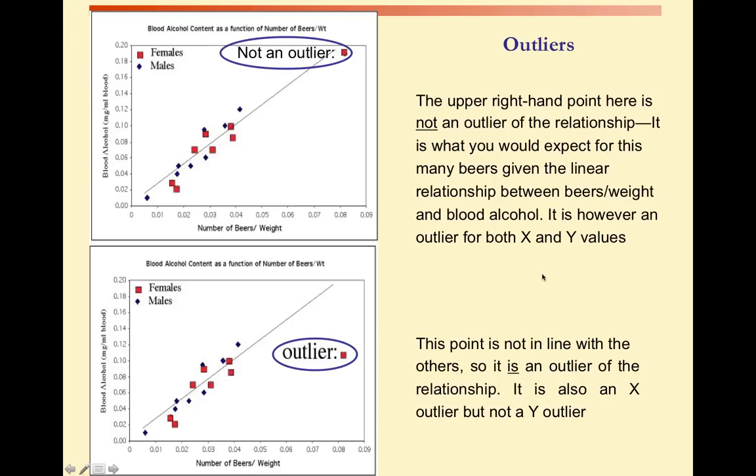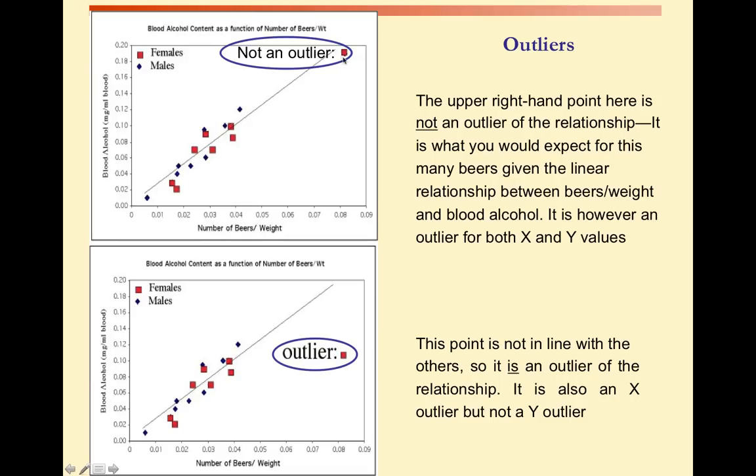But you need to be careful about this. Let's say we're looking at the number of beers versus blood alcohol content. And say we look at a data point that's way out here all by itself. Well, that may not be an outlier, because if I'm thinking about my problem, I'm looking at the number of beers versus blood alcohol content.